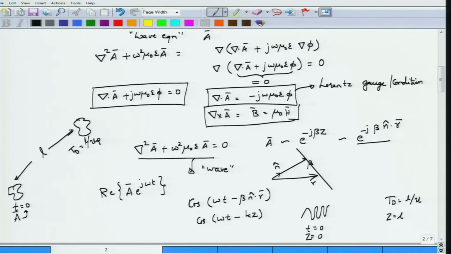This character that something changes at t equal to 0 but the effects appear later is called retardation, or retardation in time, and this potential is called the retarded potential.